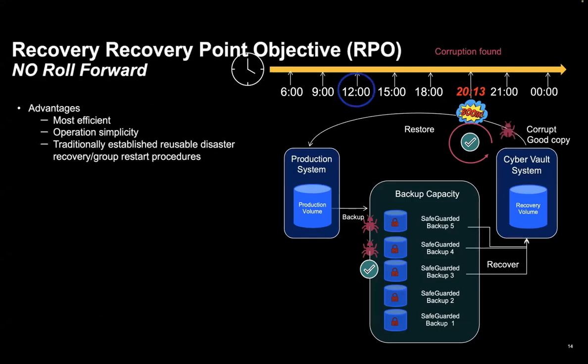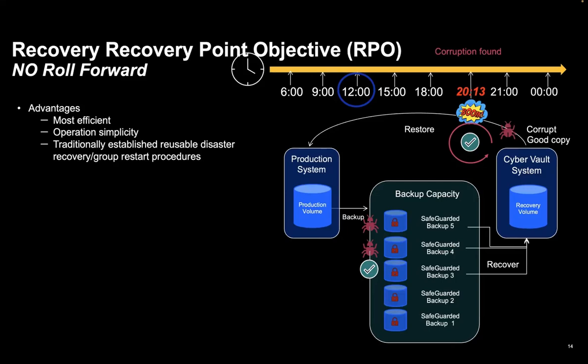So if you look through this, we started this journey 3, 4, 5 years ago. There's some goods and some bads. If you have a no roll forward solution, the advantage of this, if you have these copies every 3 hours in this example, is it's a most efficient process, because I would venture to believe you have your disaster recovery procedures in the same procedures that you'd have in this environment.